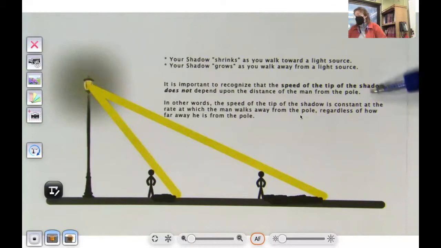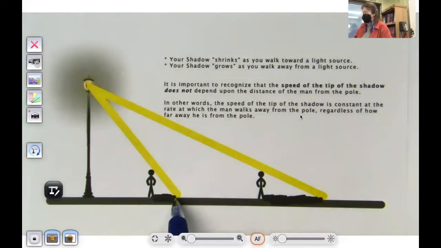Now it is important to recognize that the speed of the tip of the shadow does not depend on the distance of the man from the pole. The speed of that tip, because obviously if he's moving, the tip of that shadow is going to move, right?